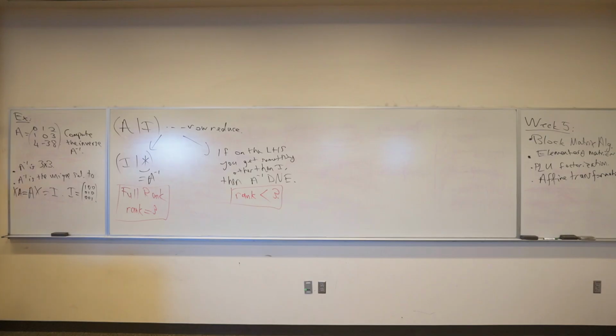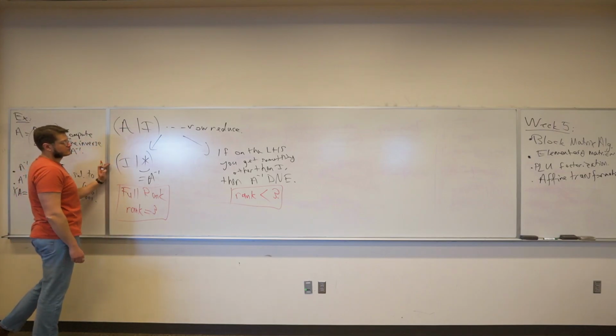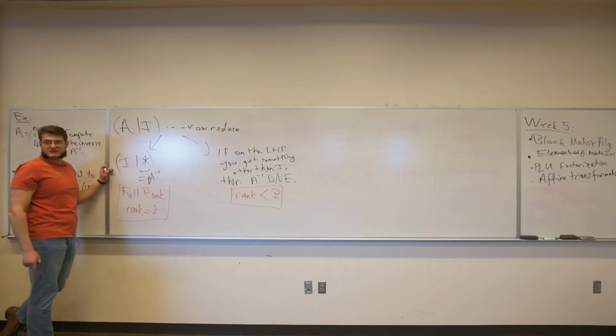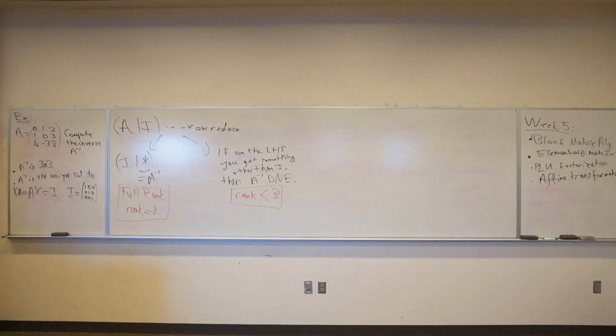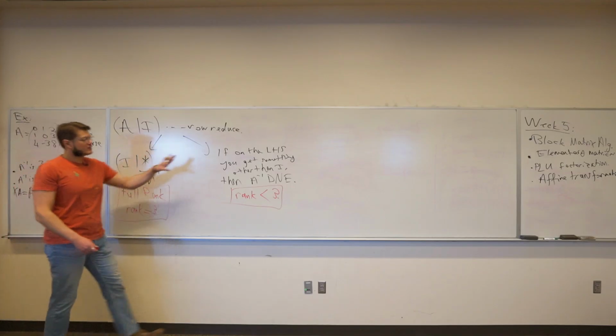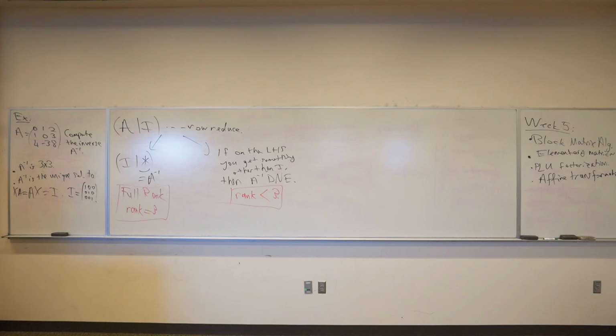And of course, if I had a 7 by 7, I wouldn't ask you to do this by hand. But again, you would look at this augmented matrix and try to do row reduction to get the 7 by 7 identity. In which case, full rank would be when rank is 7. If your rank is less than 7, you would have no inverse. This is the general idea.